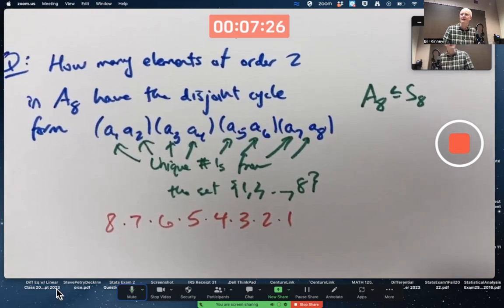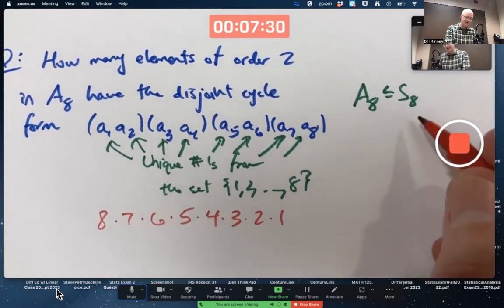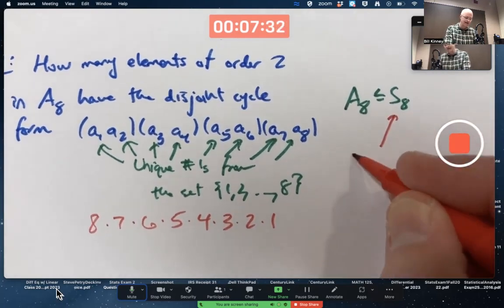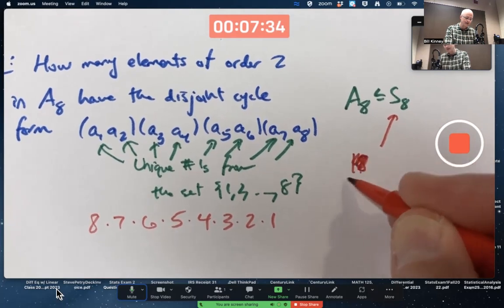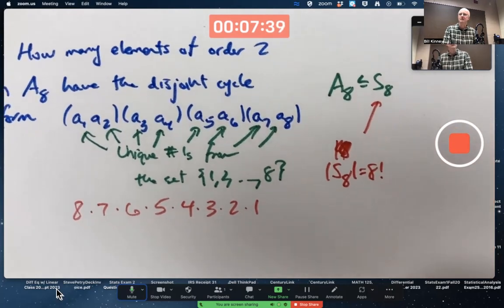But that can't be right, because we know S8 itself, the order of S8, is 8 factorial. How big is 8 factorial? I'm forgetting.